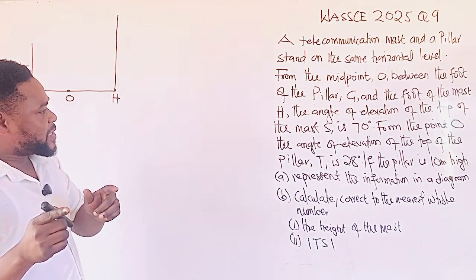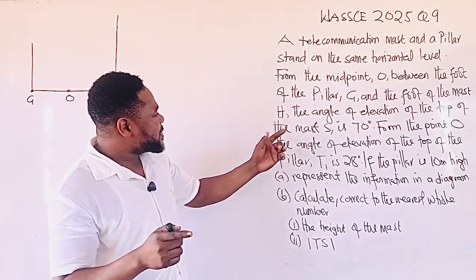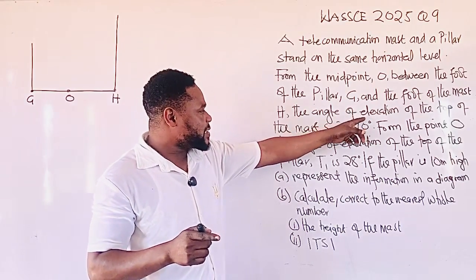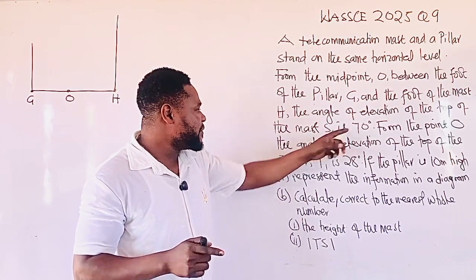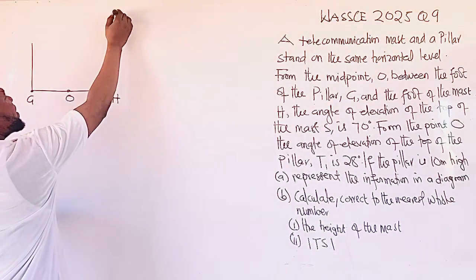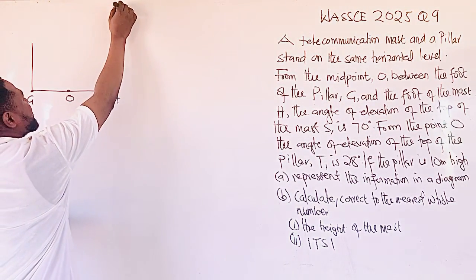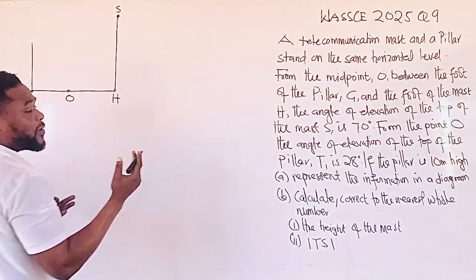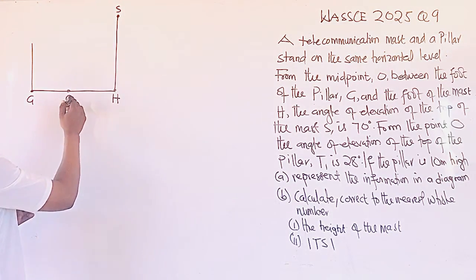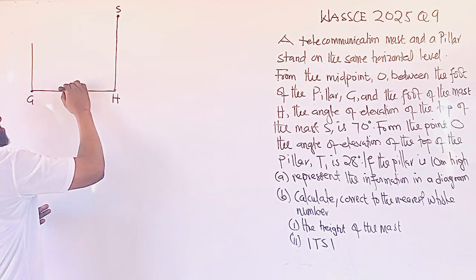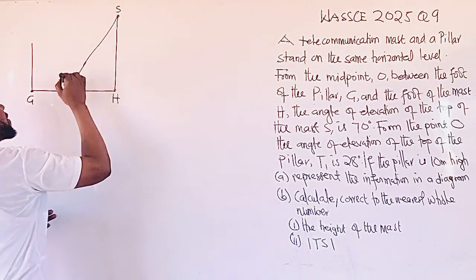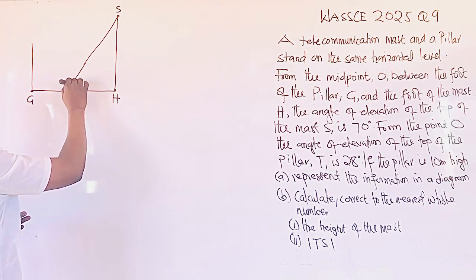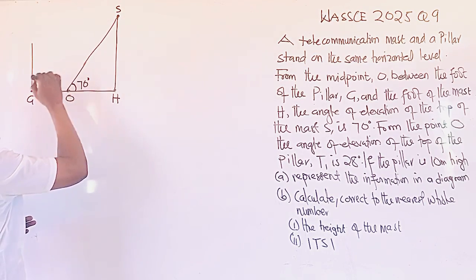Now, if you read the question carefully, they say that the angle of elevation of the top of the mast S is 70. So this is the top of the mast, S, and the angle of elevation from O, so we take a line from O to the top of the mast, and the angle there is 70.